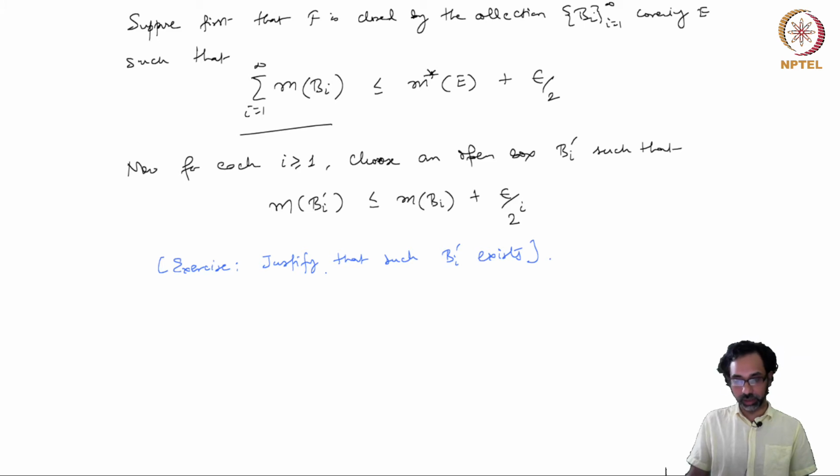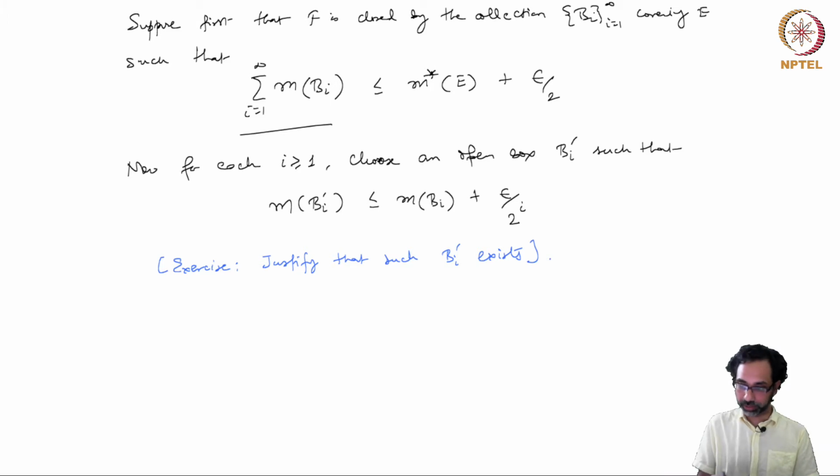In fact one can choose any arbitrary epsilon and still find an open box Bi prime such that m(Bi prime) is less than or equal to m(Bi) plus epsilon. That's all we need to prove. It's an exercise which I leave to you, to justify that such open boxes exist.